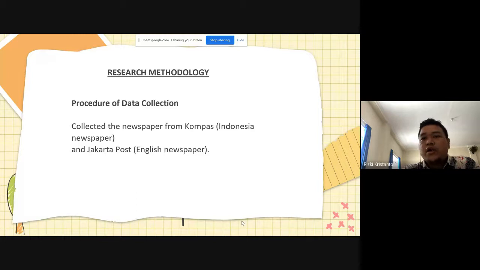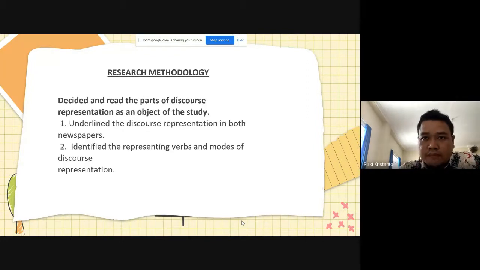And the procedure of the data collection. Collected the newspapers from Kompas, Indonesian newspaper, and Jakarta Post, English newspaper. So basically, as I told you before, in this source of the data, the researcher in this article takes two newspaper platforms, Kompas and also Jakarta Post. Next, please. And the next one is to decide and read the parts of discourse representation as an object of the study.